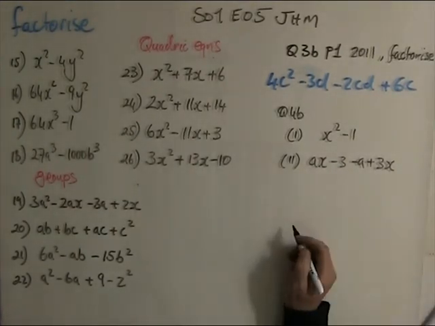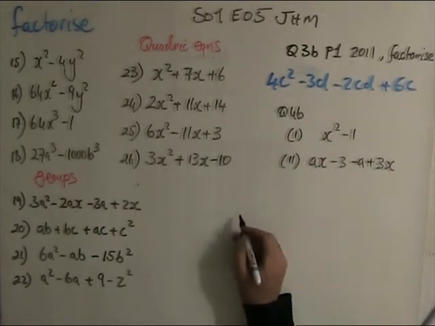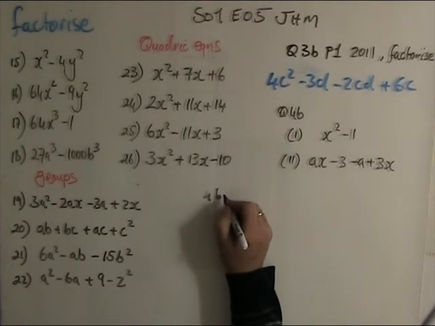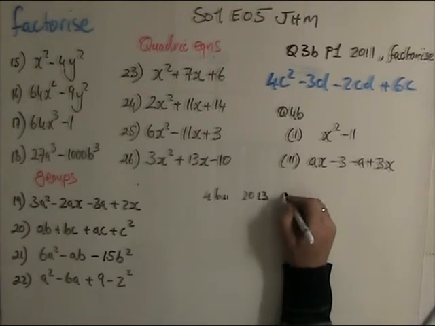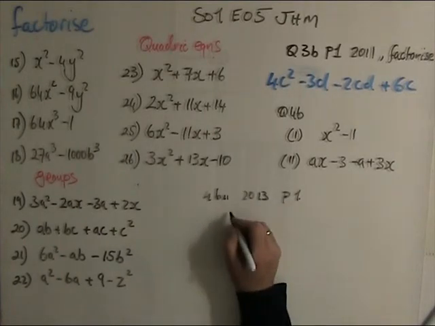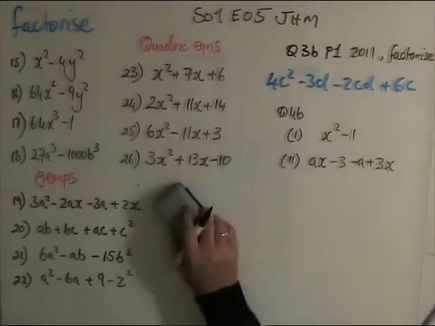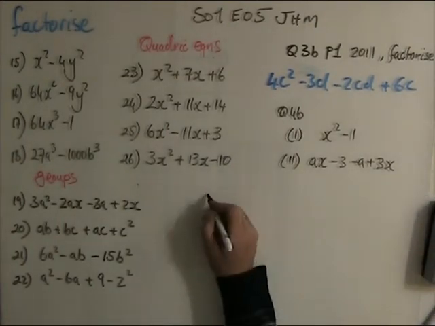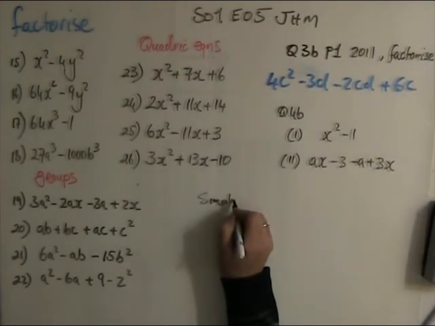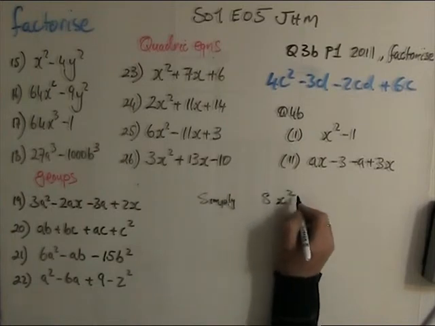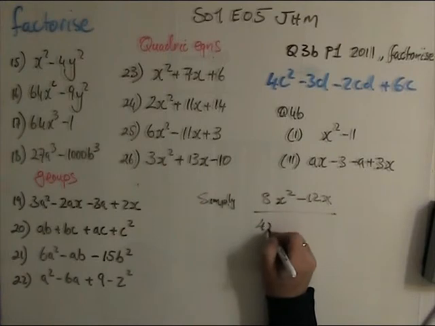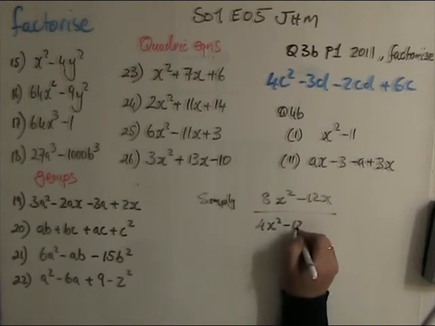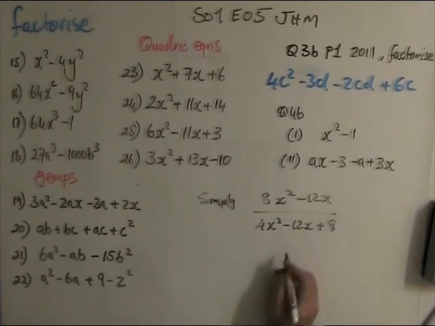I did some quadratic questions with you. I'm going to do 4B1. 4B2, and it's 2013, and it's paper 1. Okay, and it says we did this already. Right, there we go. Simplify this. 8x squared minus 12x all over 4x squared minus 12x plus 9.